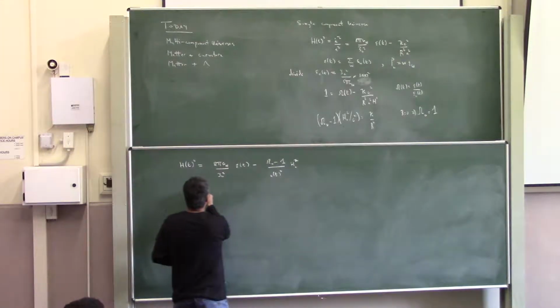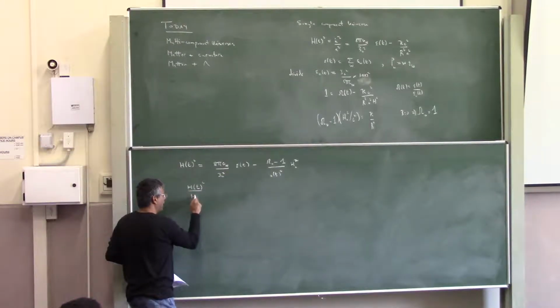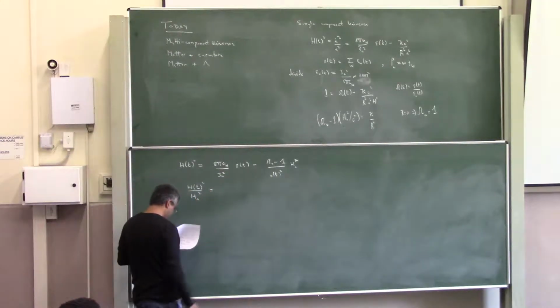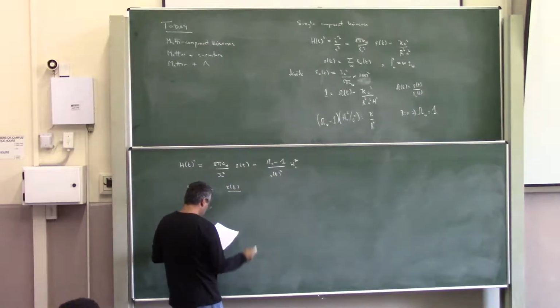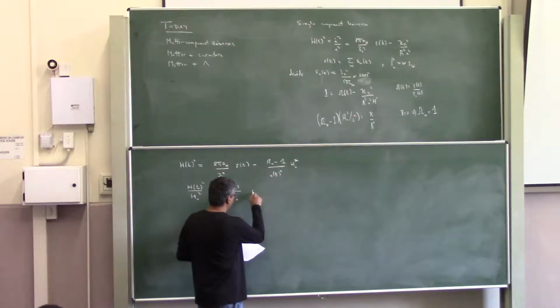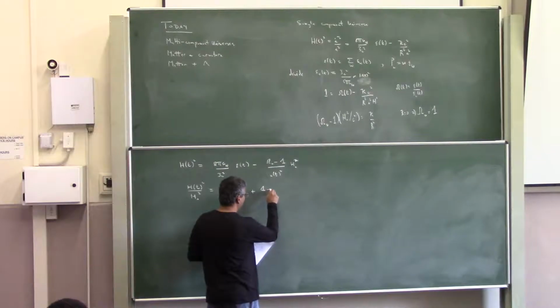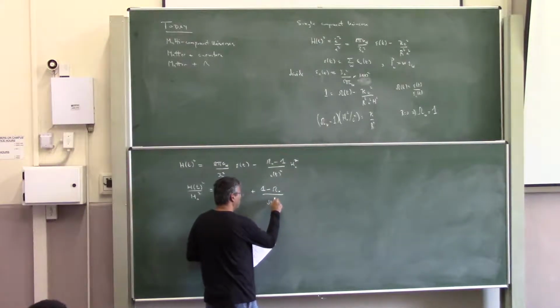So the ratio between H(t) squared and H0 squared is epsilon(t) over epsilon critical today, plus (1 minus omega 0) over a(t) squared.